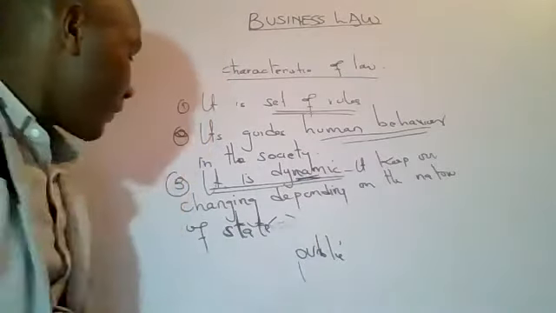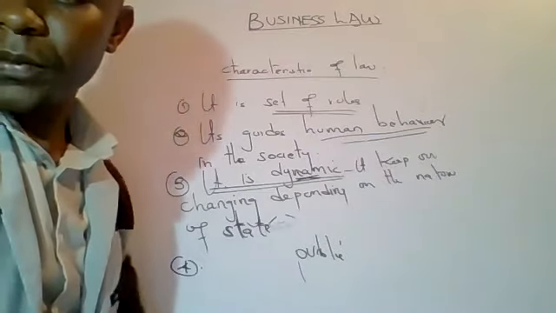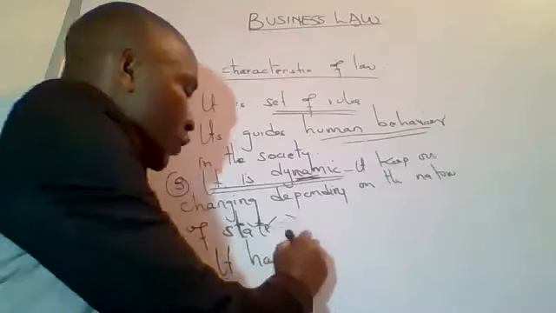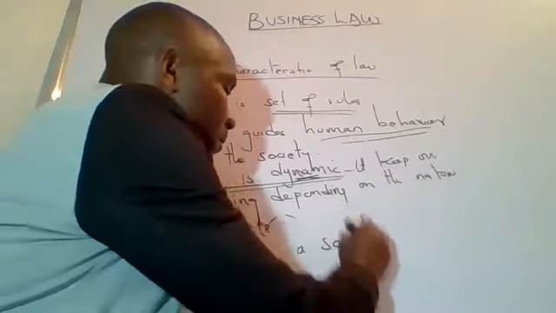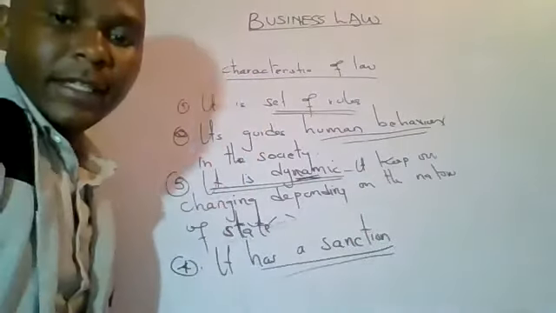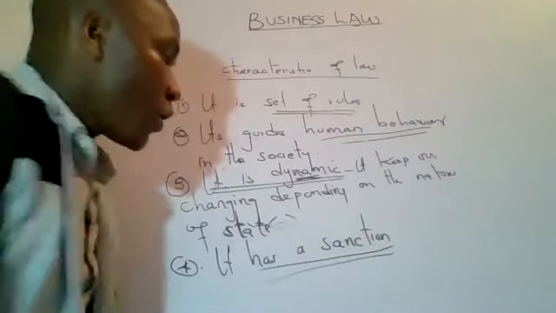Okay, so the fourth characteristic, you say it has a sanction. So these sanctions, in bracket, is what? Order.